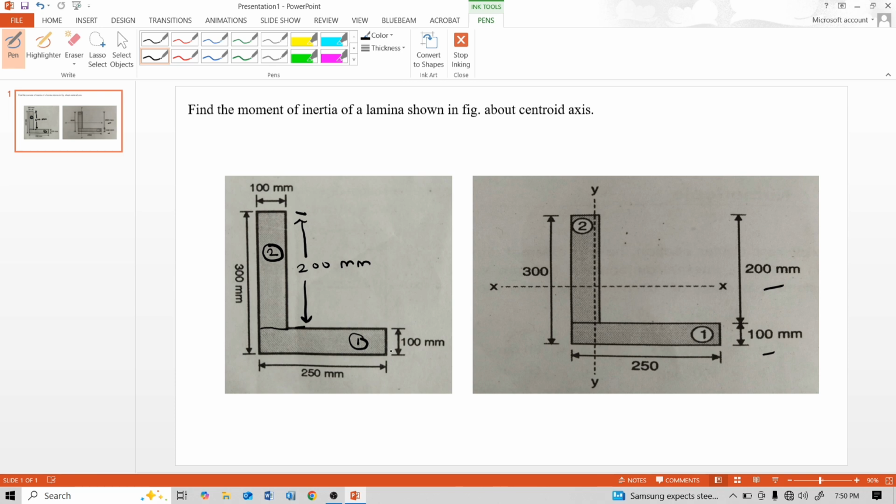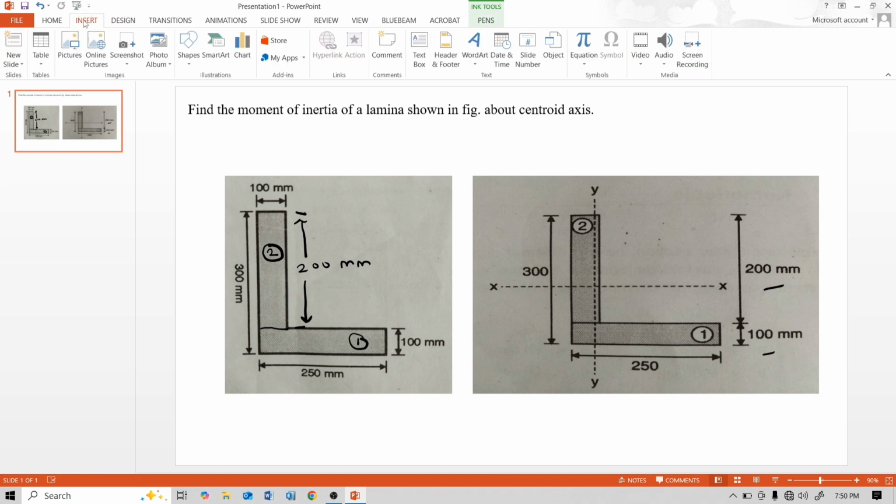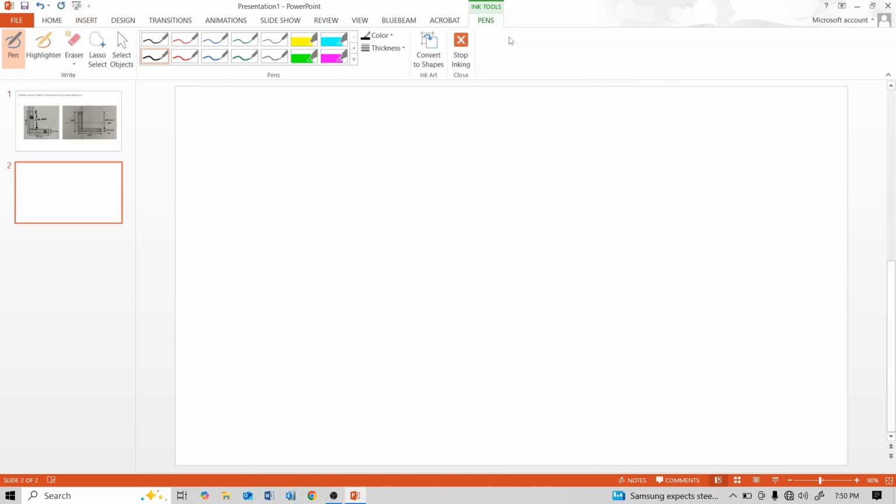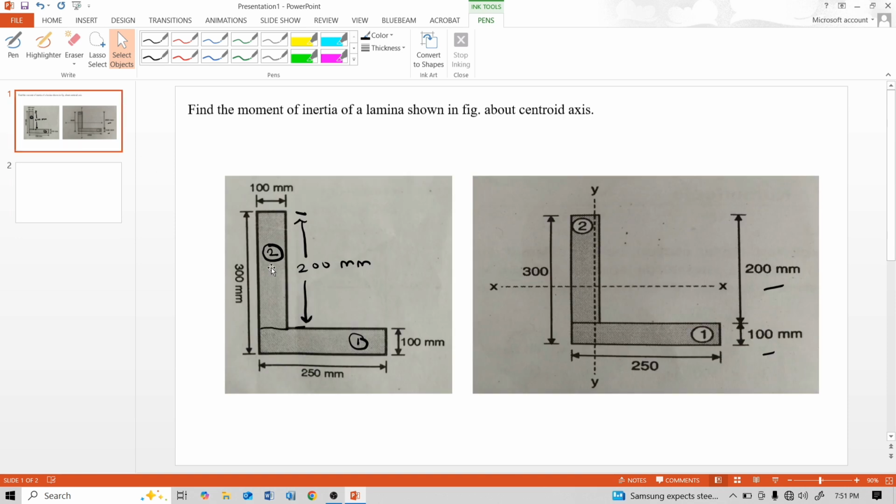For finding the moment of inertia of this L-type figure, we use the parallel axis theorem. This bottom rectangular part's area is capital B into capital D, that means breadth into depth.